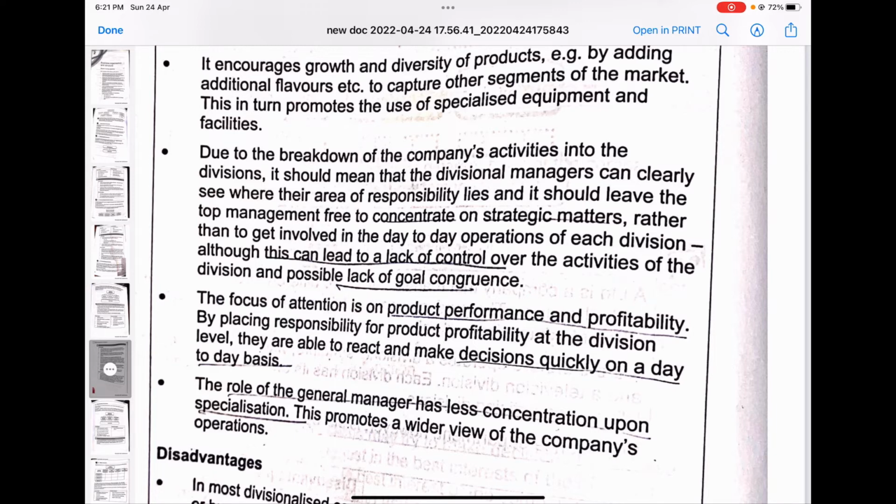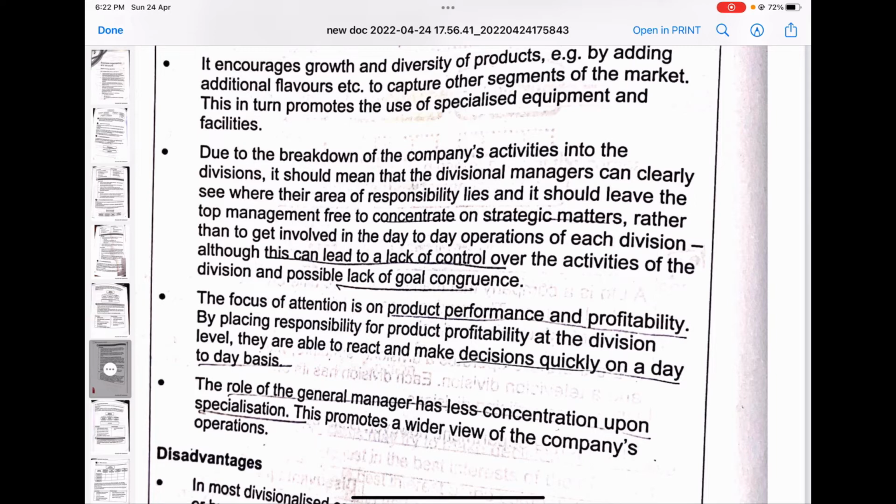Due to the breakdown of the company's activities into the divisions, the divisional managers can clearly see where their area of responsibility lies, and it should leave the top management free to concentrate on other strategic matters rather than get involved in day-to-day operations of each division. Although this can lead to lack of control over the activities of divisions, and possible lack of goal congruence.